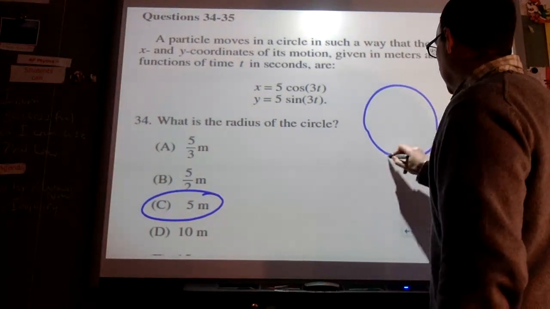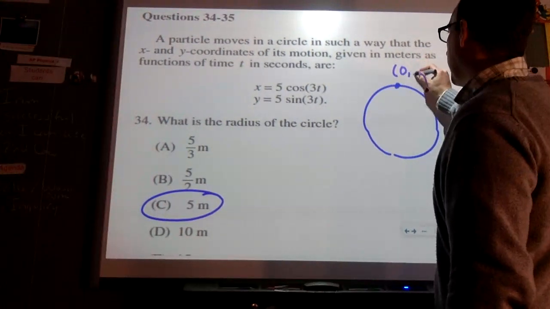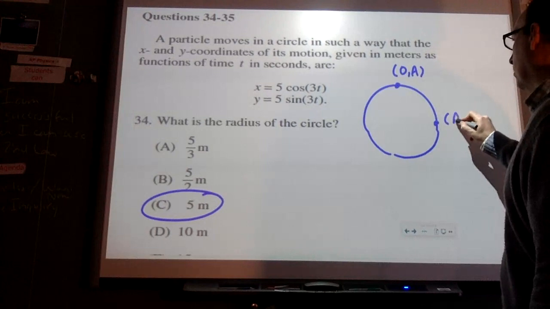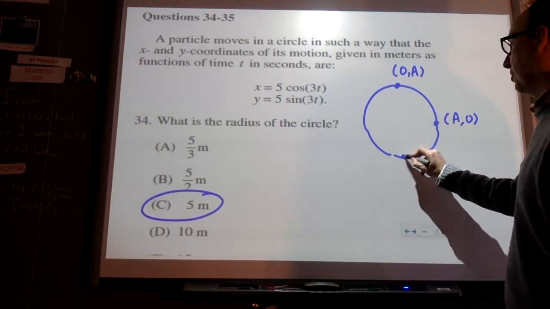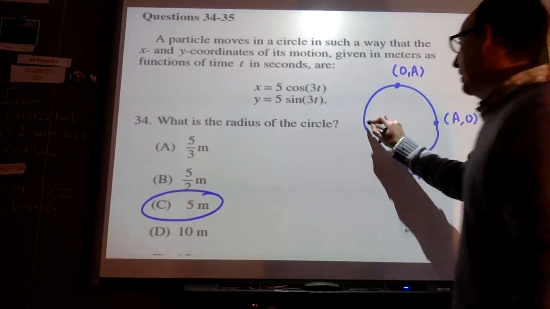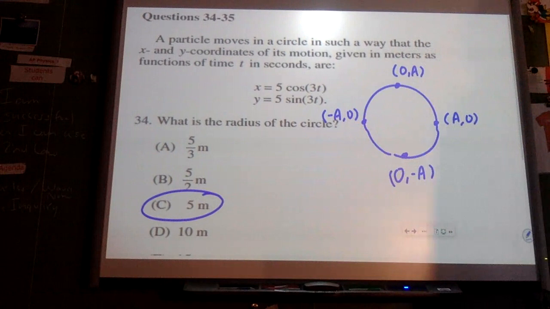If we're talking about our circle, if we're up here, our coordinate would be 0, comma a. If I'm over here, my coordinate would be a, comma 0. If I'm down here, it would be 0, comma negative a. If I'm over here, it would be negative a, comma 0.